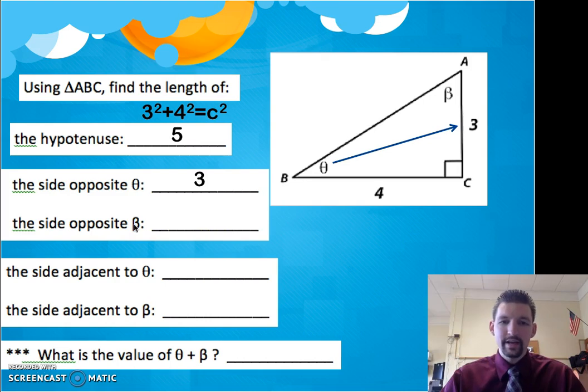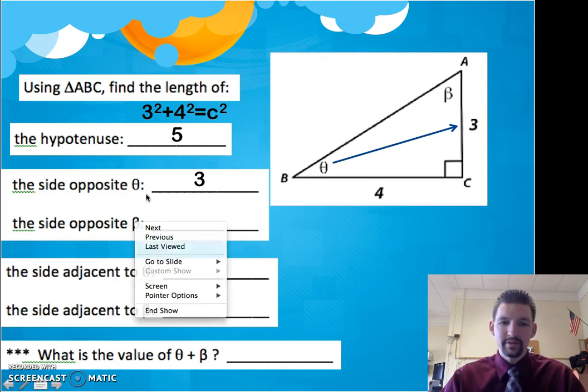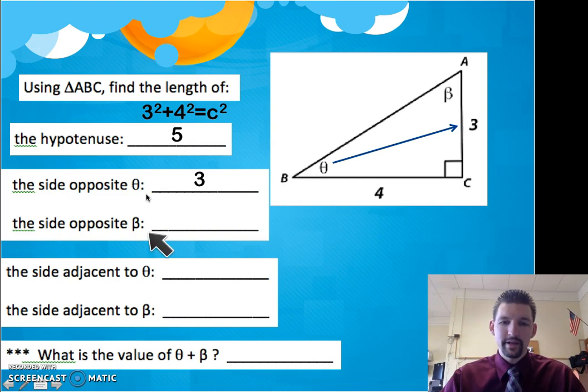Beta, B-E-T-A, is this value right here. That's what this symbol is, beta. And we want to go opposite that. So across from beta will be 4. Again, for our adjacents, adjacent to theta, right next to it, is 4. And adjacent to beta is going to be 3.